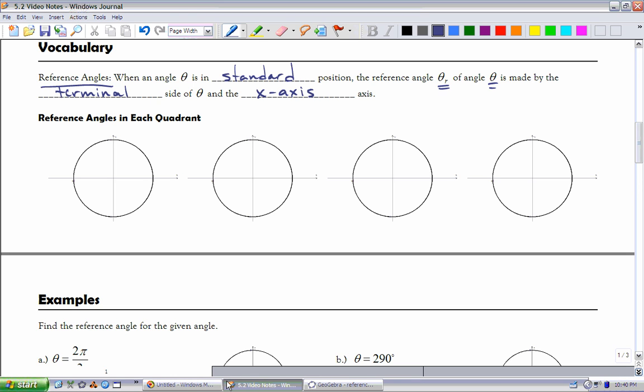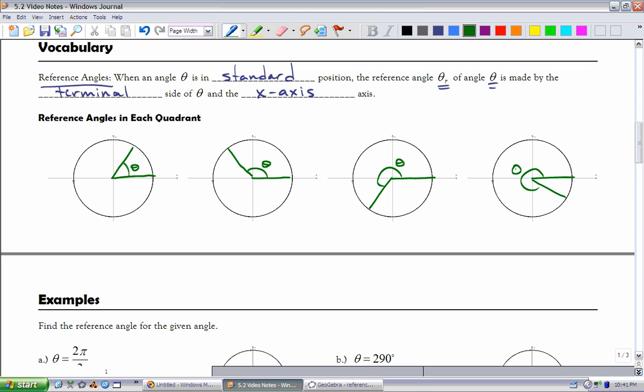Okay, so let's take a look at reference angles in each quadrant. What we're going to do first is draw in green my theta in each quadrant. This is our angle theta. There, it's in the third quadrant, and here it'll be in standard position in the fourth quadrant.